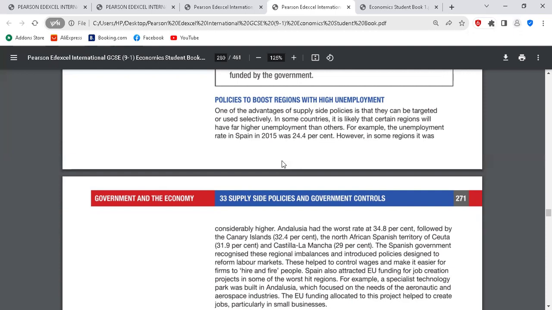So government will look out for areas that have a high unemployment rate. They find out what can be produced, like this aeronautic stuff they produce there. They find out what goods can be produced or what services can be needed in such an area. They create it. With that creation, employment opportunity would come up. People can be employed in that area. I think it's clear.